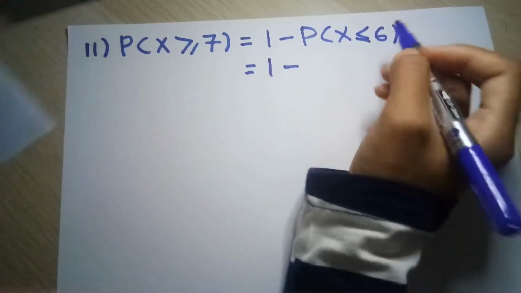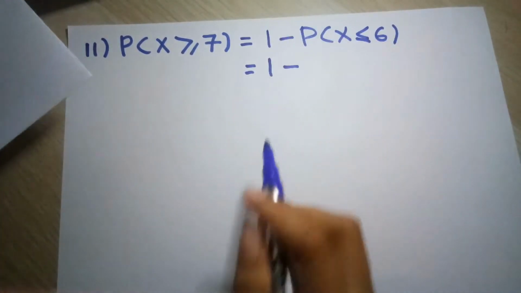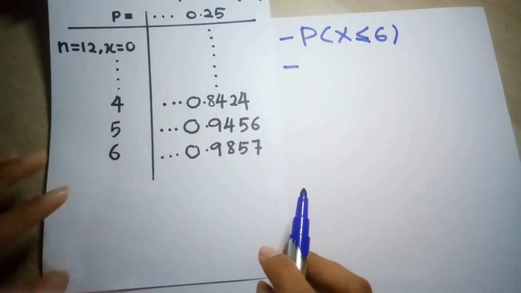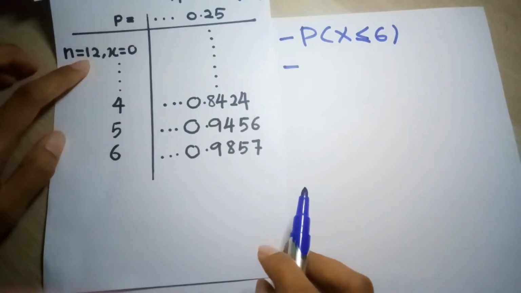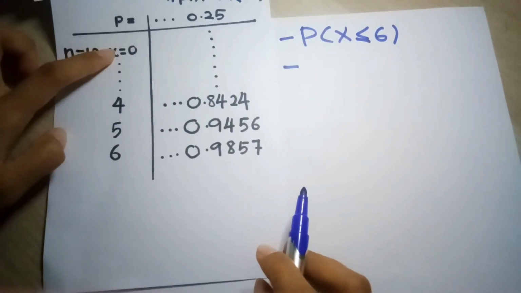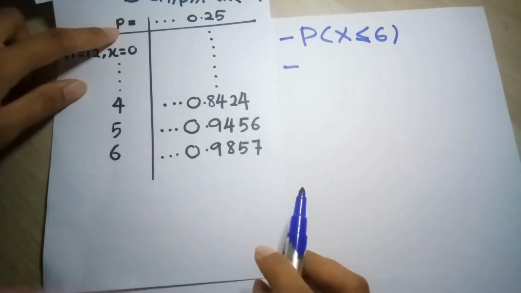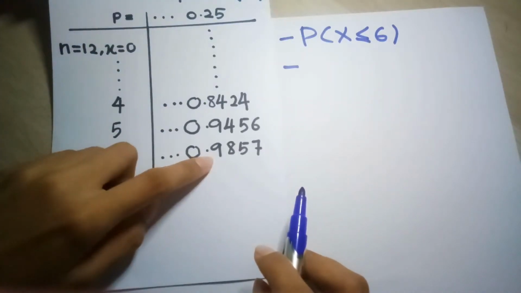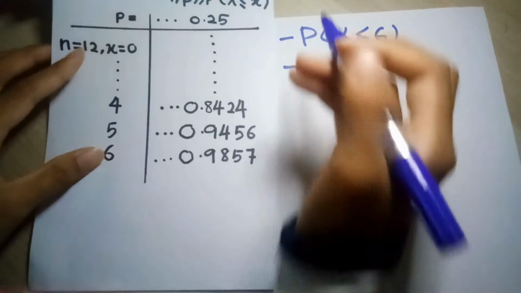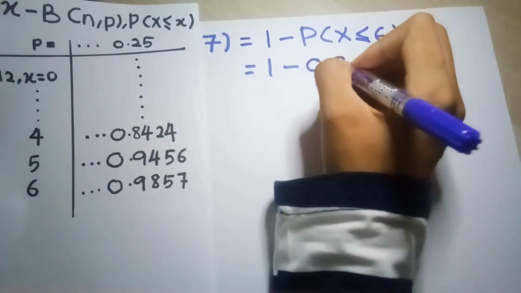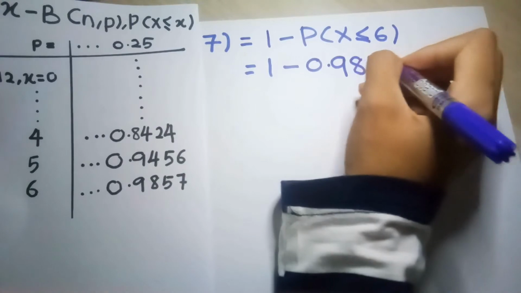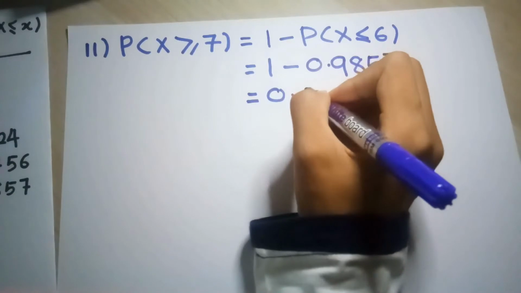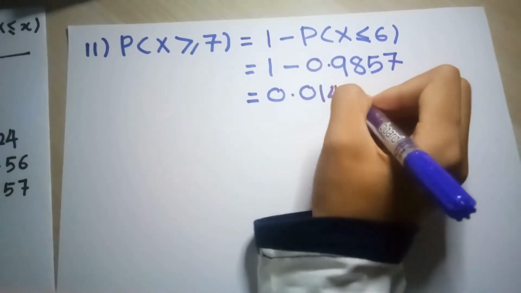So for P(x ≤ 6), we need to use our binomial distribution table, n equal to 12, x equal to 6, and our probability under 0.25 is 0.9857. So our answer for part 2 is 0.0143.